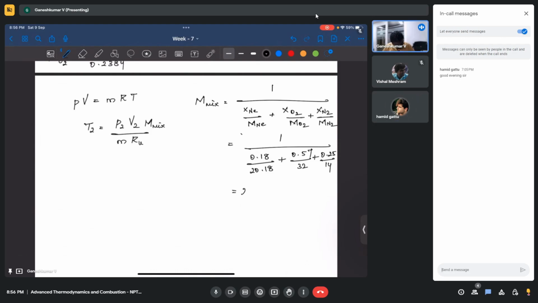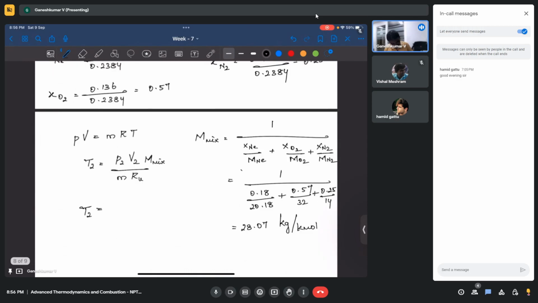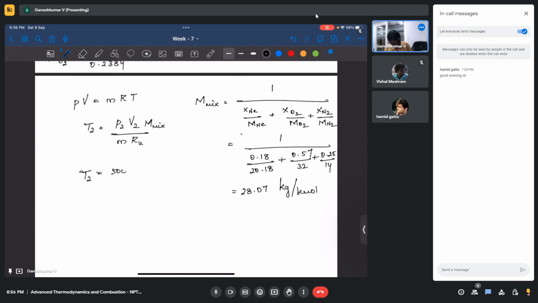It's 28.07 kg per kmol. The molecular weight of the mixture is known, R is known, m is known, so we can quickly find out T2. P2 is 500 kilopascal, that is 500 into 10 power 3.